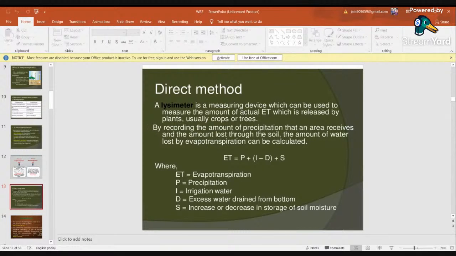Recording the changing weight of the soil-vegetation system reveals the amount of water retained by the system, and thus by the difference, the amount lost as evapotranspiration.